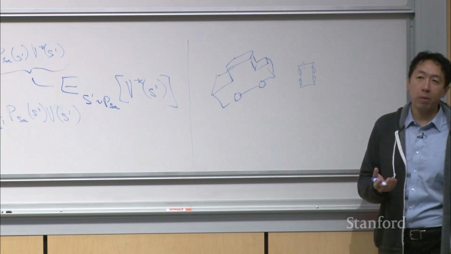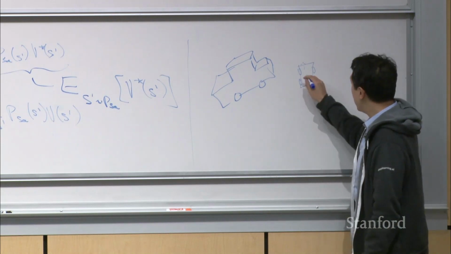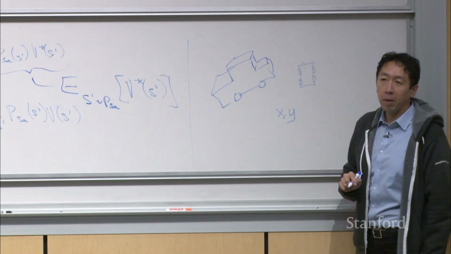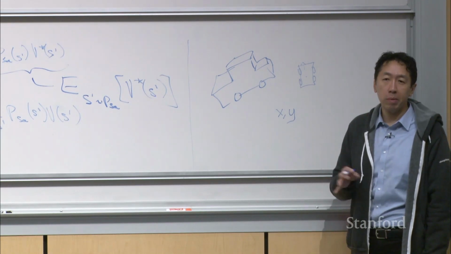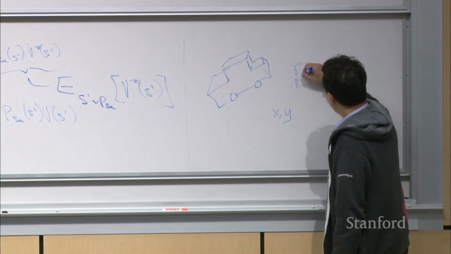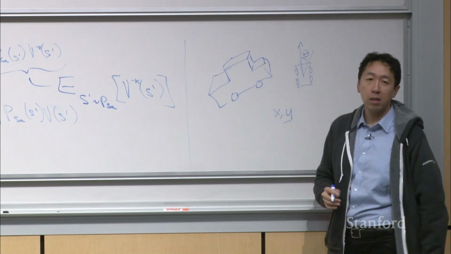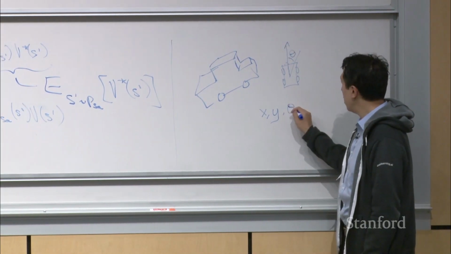Well, a common way to model the state of a car driving around on planet Earth is that you need to know the position, which can be represented as x comma y, two numbers representing longitude or latitude or something. You probably want to know the orientation of the car, maybe measured relative to north.